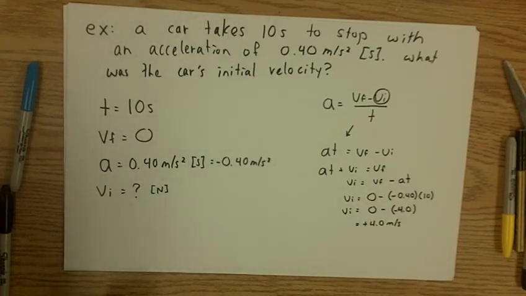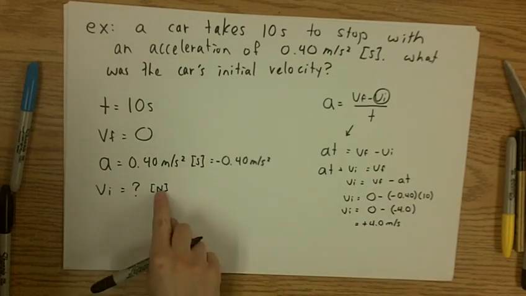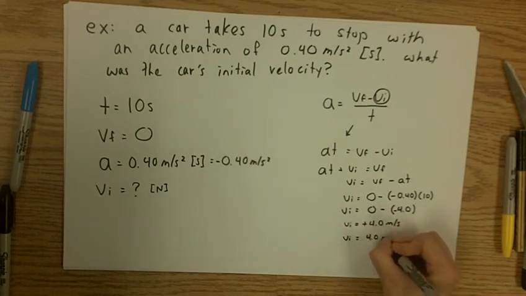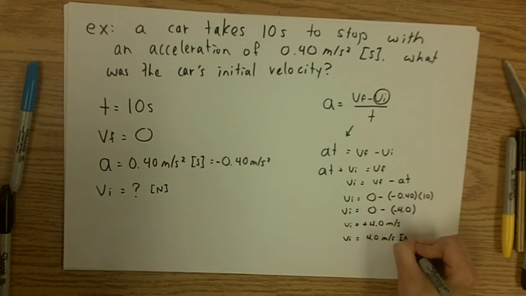Now it's positive. Because it's positive, we can deduce that it's north, which was actually the direction we predicted. So vi is 4.0 meters per second north.